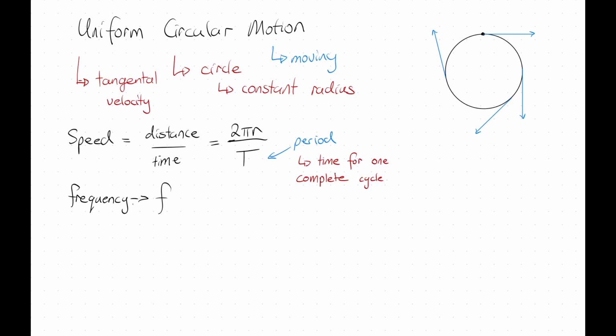Our frequency is equal to 1 over T, so 1 over our period. Our units are per second, we actually have a special term for this, mainly because instead of it just saying per second, we want to know its number of complete cycles per second. We use the unit of hertz. We now have this idea of frequency, period, distance, and time.